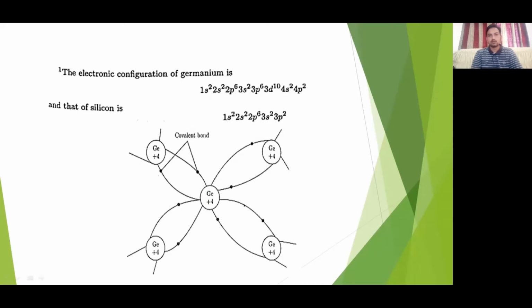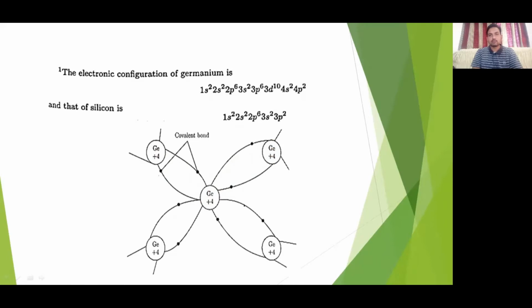So this germanium combines with this one to increase its electrons by 1, with this one by 1, and with this. Here you get 3, and if you combine with this atom, then you get 4. So it has its own 4, and it has 4 due to the sharing with its 4 neighboring atoms.